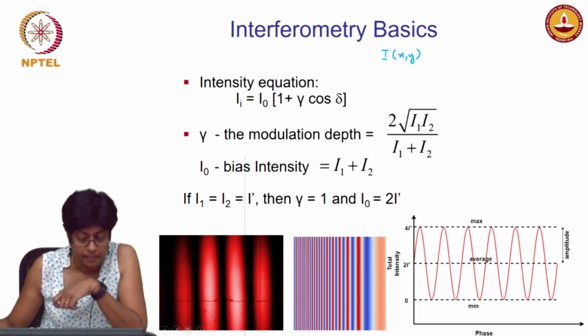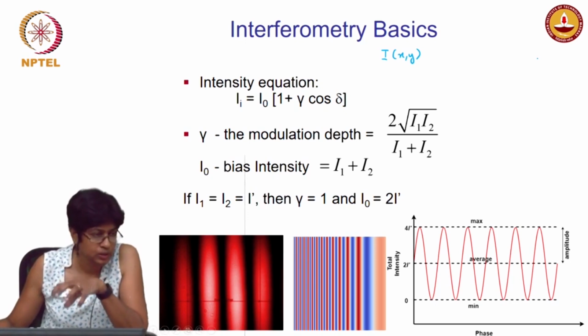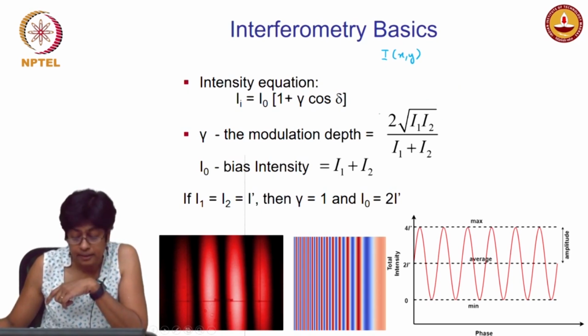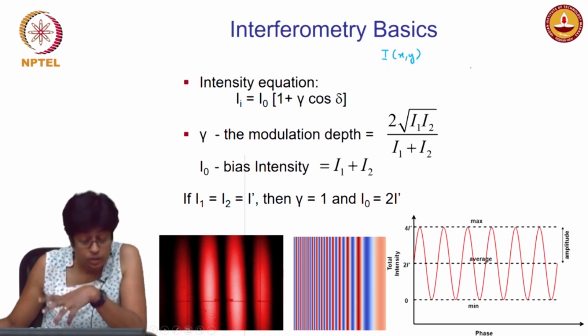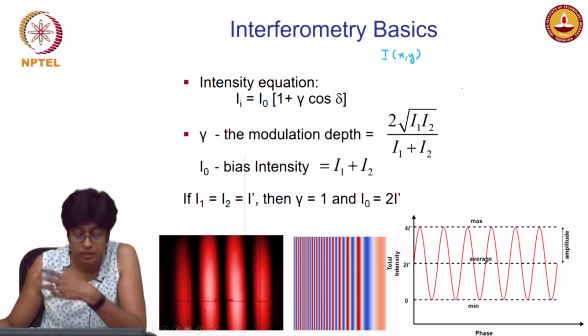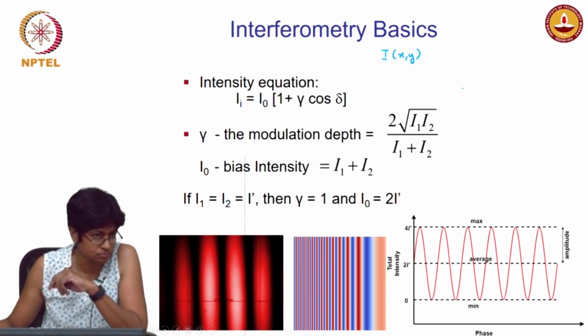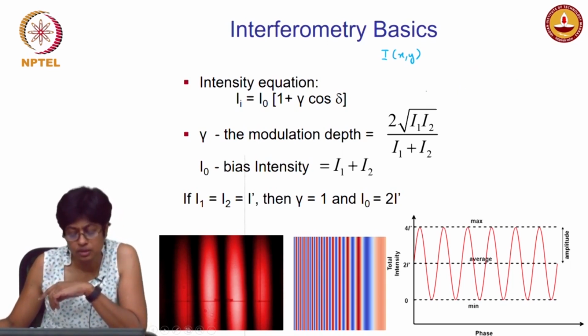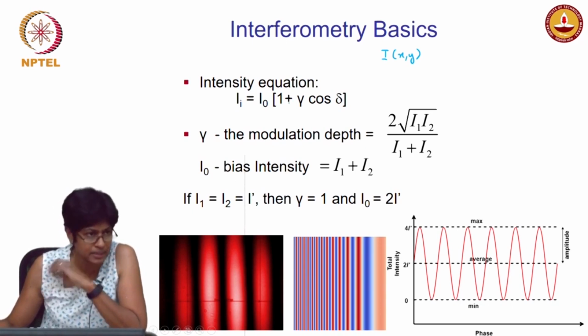If you were somehow able to ensure that the two beams were of equal intensity, I can reduce this equation, then your gamma will reduce very simply to 1 because I1 is equal to I2. But in general, I will use this expression for the modulation depth and this expression I1 plus I2 for the bias intensity.